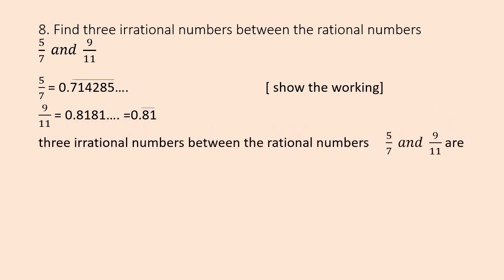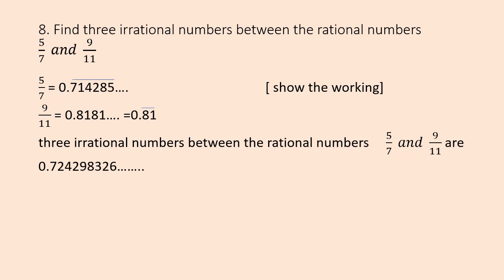Now you have to write 3 irrational numbers between the rational numbers. That means you have to write 3 decimal numbers lying between 0.714285 bar and 0.81 bar. You can start the decimal from 0.72 to 0.80. Please try to write that. I have written 0.724298.